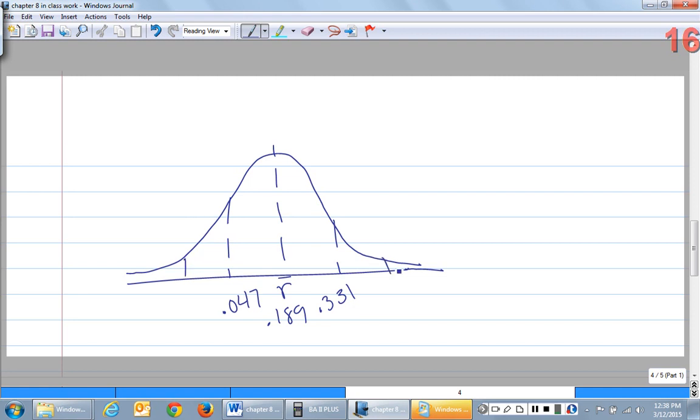So we have 95% of observations lie within 2 standard deviations of the mean. So negative 0.09 and 0.47. And finally, 99% of observations are going to lie within 3 standard deviations of the mean. So negative 0.24 and 0.61. These are all of the values that we just calculated.